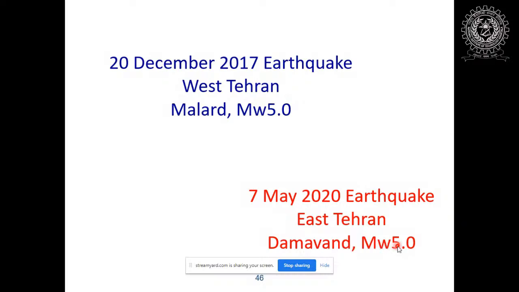Both of these events shook the city of Tehran. They are both moderate earthquakes, but you may think that about 20% of the population of the country are living in this region.